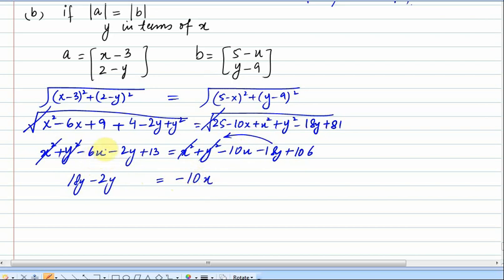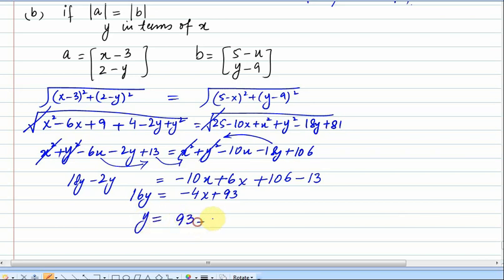When I shift minus 6x to the right side, it will be plus 6x, plus 106 as it is, and plus 13 from the left goes to the right as minus 13. 18y minus 2y is 16y, equal to minus 10x plus 6x, that is minus 4x, plus 106 minus 13, so it's 93. So y is equal to (93 minus 4x) divided by 16. That is your answer.